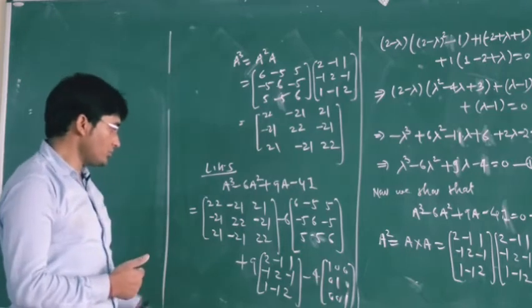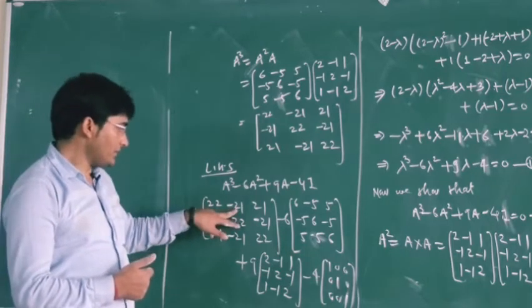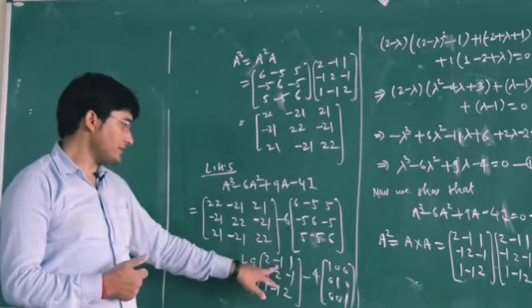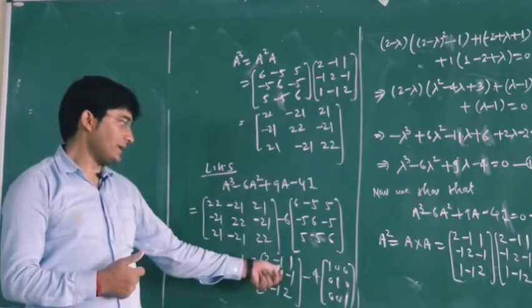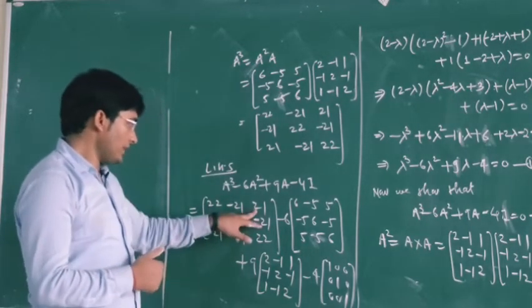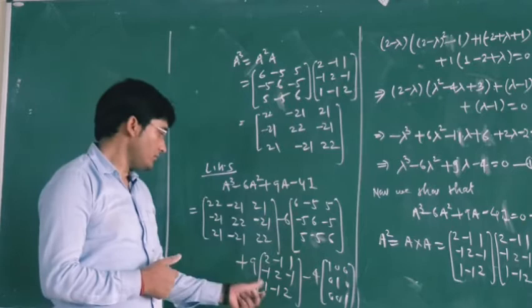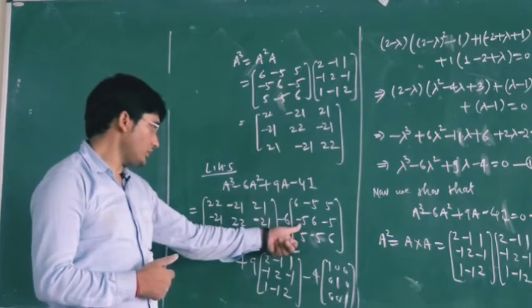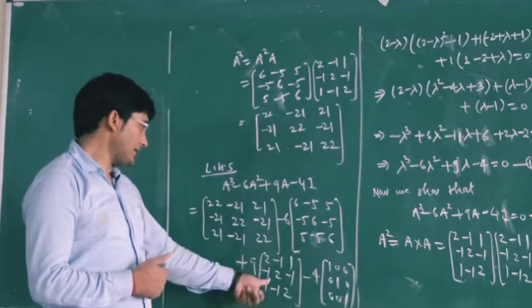So the first element is 0. Now the second element, this is your minus 21, here we have plus 30, then we have minus 9. So plus 30 minus 9 is plus 21, so minus 21 is 0. Then again we have 21 minus 30 plus 9. So this is again 0. Then we have minus 21 plus 30. So plus 9 minus 9, again 0.